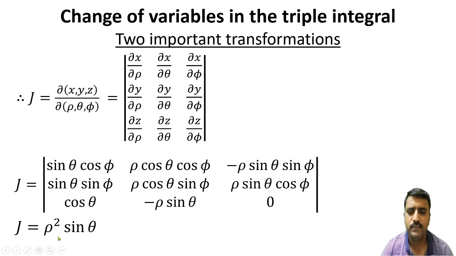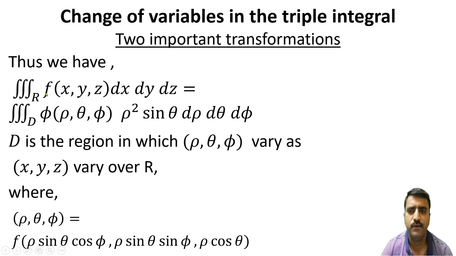So after finding this J, you can relate x, y, z and rho, theta, phi such that the triple integral of f of x, y, z dx dy dz over the region R is equal to the triple integration over D of f of rho, theta, phi, and dx dy dz is related like this: rho square sin theta d rho d theta d phi.